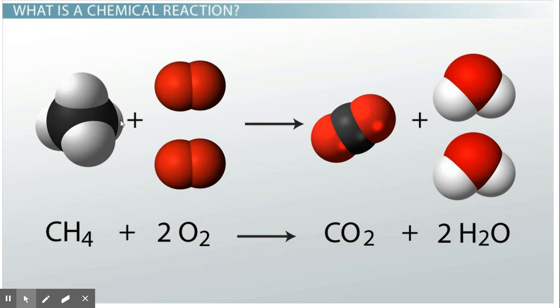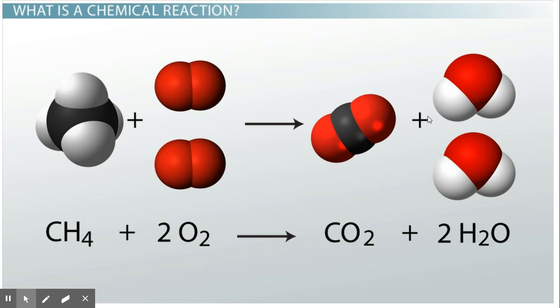We have one, two, three, four hydrogens. Over here, we have one, two, three, four hydrogens. We have one, two, three, four total oxygens. And over here, we have one, two, three, four total oxygens as well. So this follows the law of conservation of mass. What we started with, the numbers of atoms that we started with, we ended with.